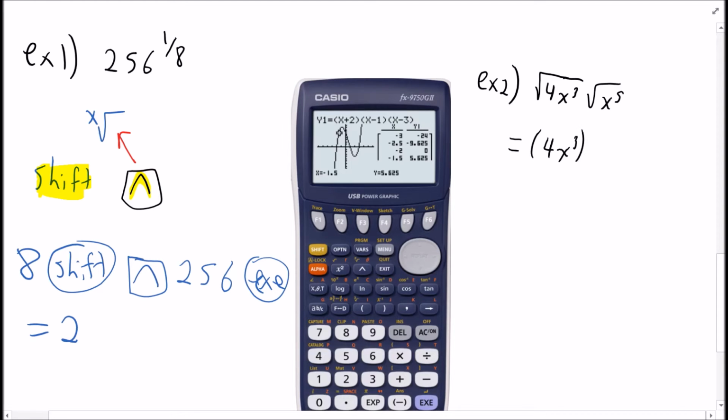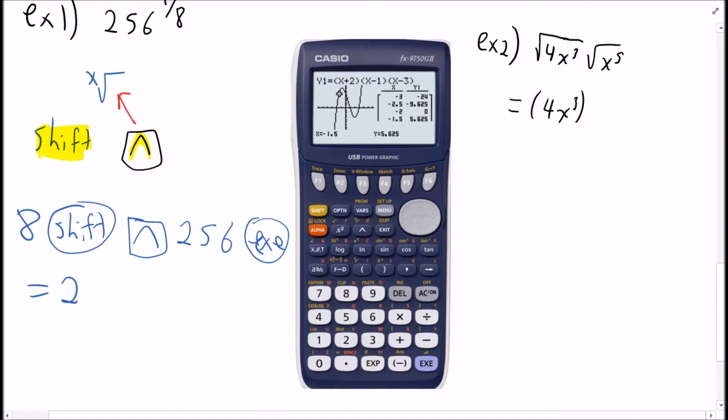So 4x to the power of 3 to the 1/2 times x to the power of 5 to the 1/2. And if I do that and then apply it, well, the half onto 4 is like the square root of 4, which is 2. x to the 3 over 2 times x to the 5 over 2.